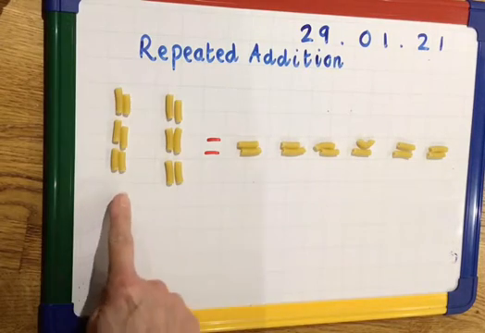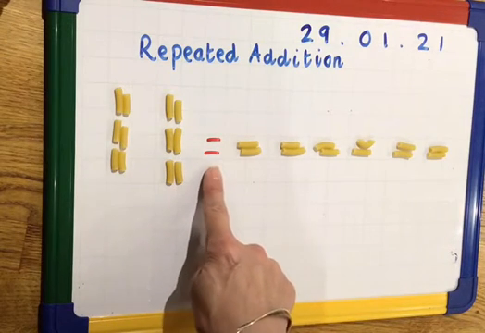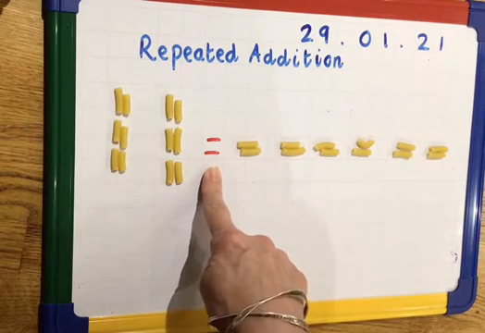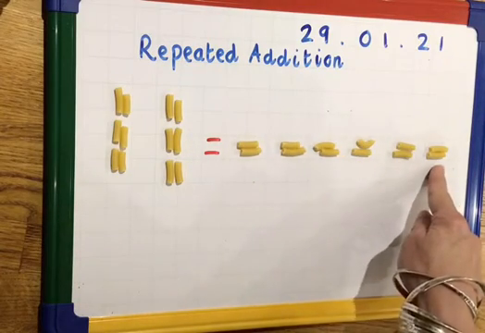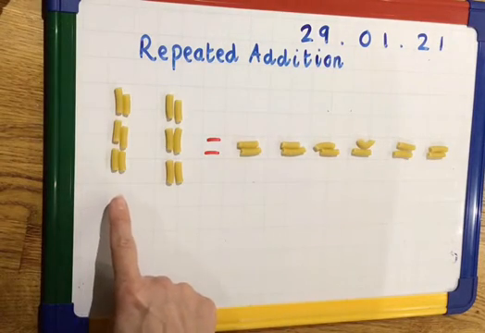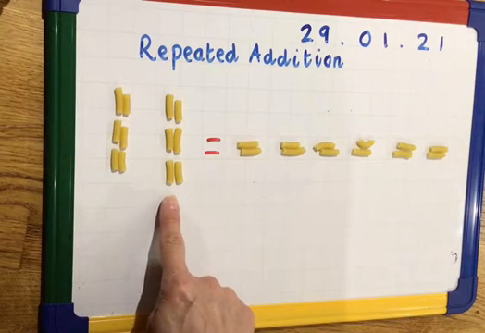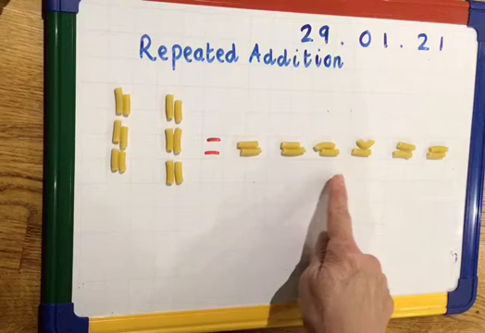I have got 2 groups of 6 and I've used the equal sign, which means is the same as, and then I've got 1, 2, 3, 4, 5, 6 groups of 2. Does that sentence make sense? Is 2 groups of 6 the same as 6 groups of 2?